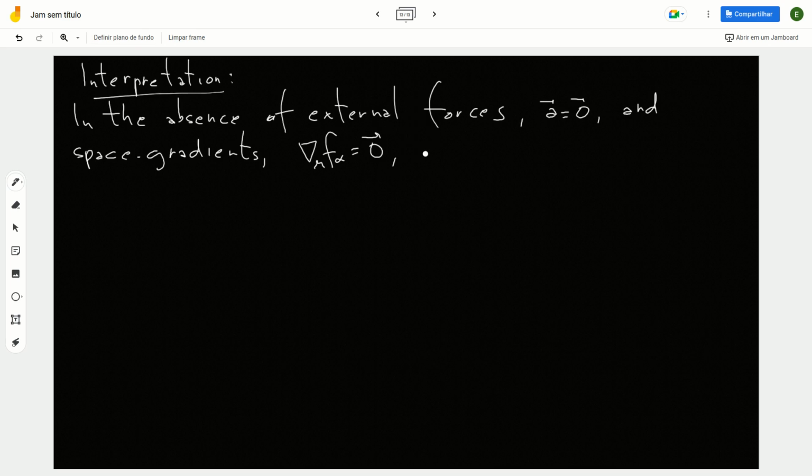Then equation 5.23 becomes... what is 5.23?